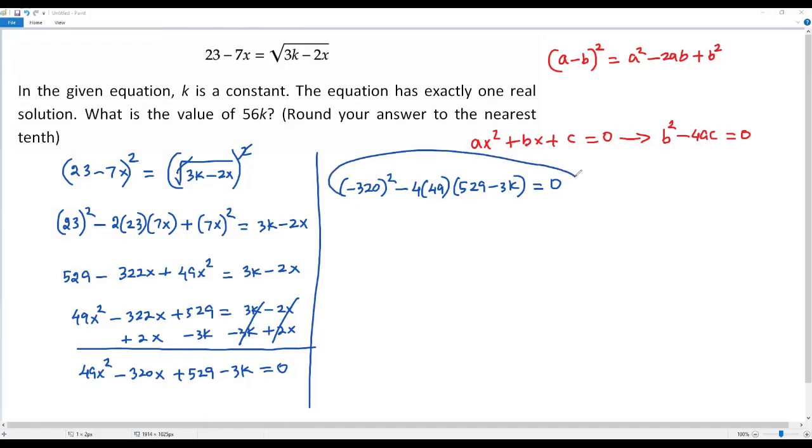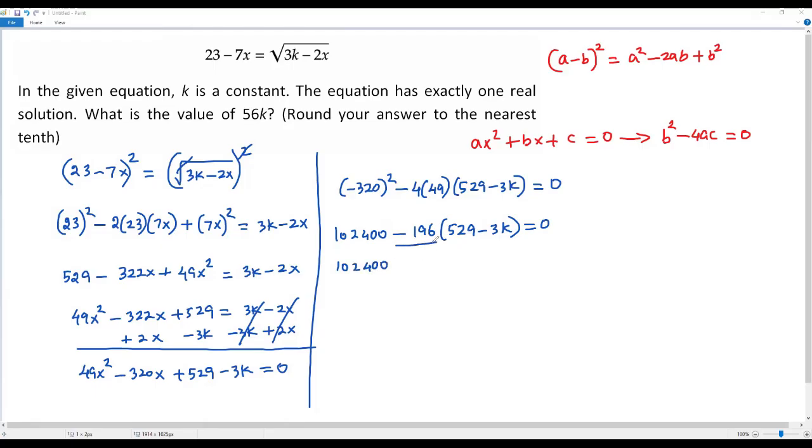Okay, now we have to solve for k in this equation. Now let's do some simplification. Here the exponent is an even number, so this negative will become positive. When I evaluate this, I am getting 102,400. And we can multiply 4 and 49. I am getting 196 times 529 minus 3k equals 0.